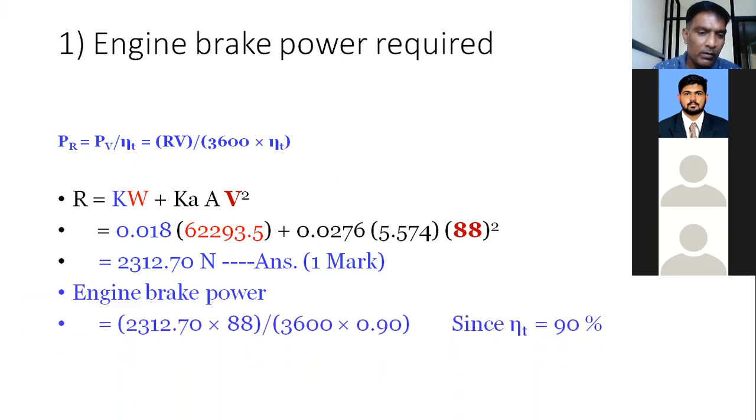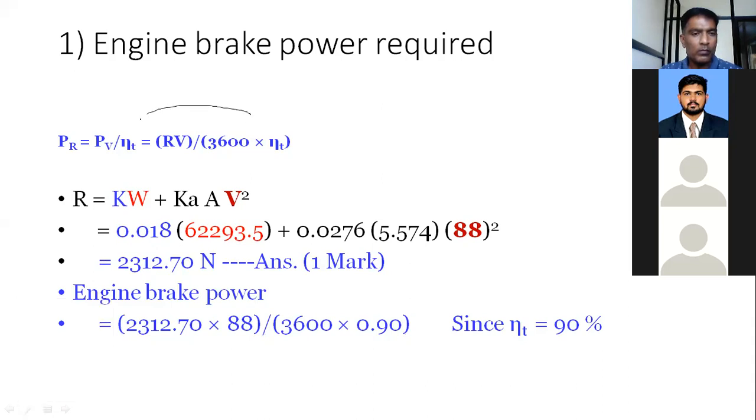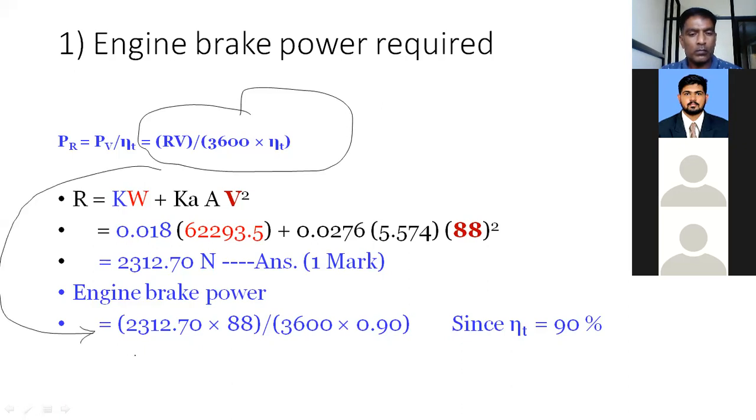Then engine brake power, calculate this. Just by putting values in this equation. Sachin, what value comes? 62.81. Unit.